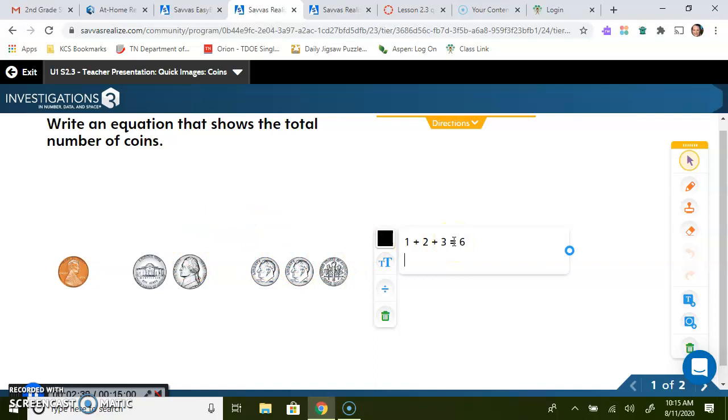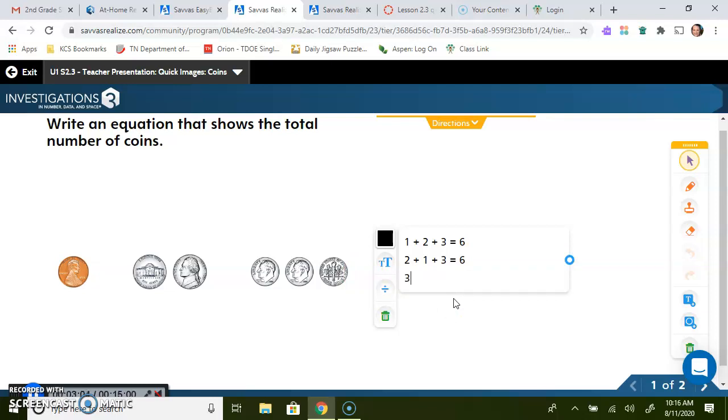But I wonder, is there another way you could have thought about this? Absolutely, 2 nickels plus 1 penny plus 3 dimes. What does that equal? 1, 2, 3, 4, 5. Oh, it's still 6.